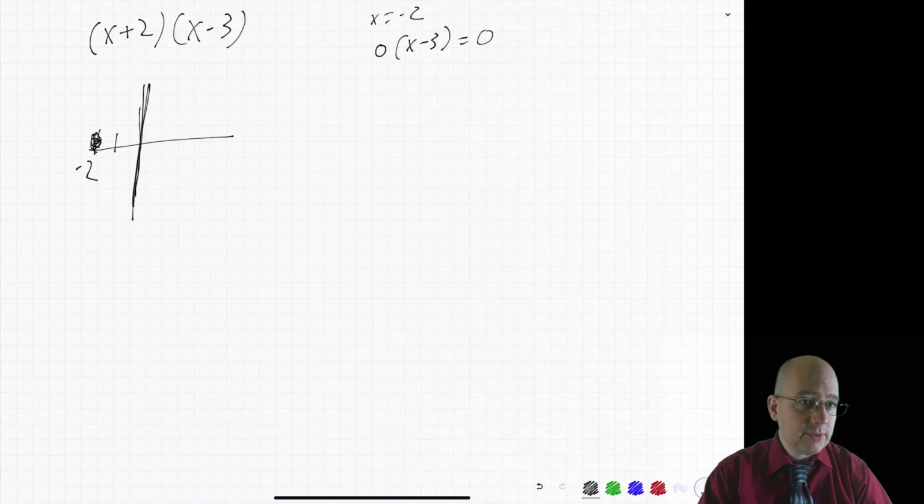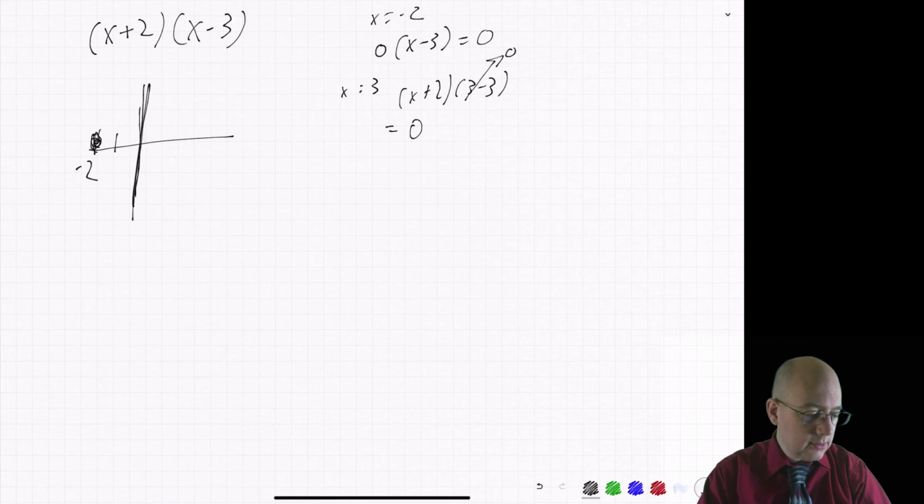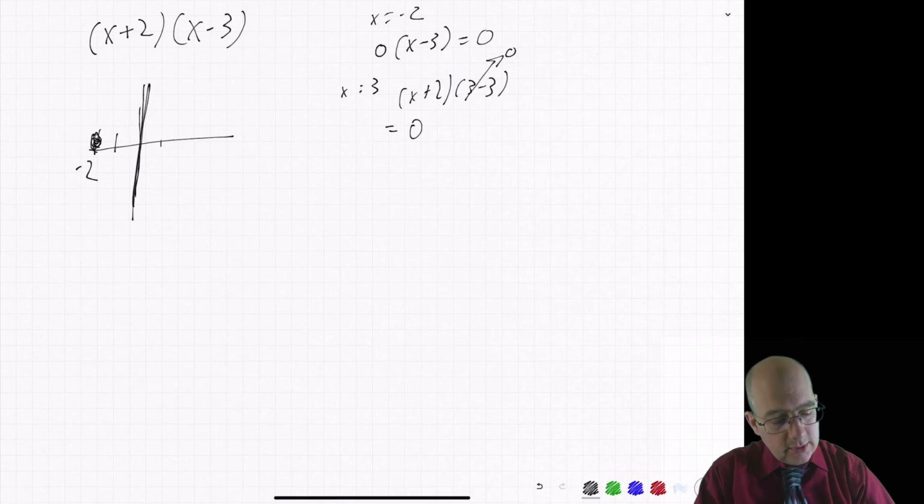Because x plus 2, when x equals minus 2, is 0. And then you also have at x equals 3, you've got x plus 2 times 3 minus 3, which is 0, right? So the whole thing is 0. 0 times anything is 0. This is what we got.